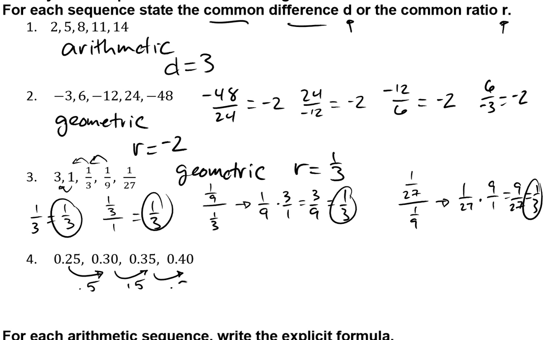And if I do the subtraction, 0.40 minus 0.35 is 0.5, 0.35 minus 0.30 is 0.5, and 0.30 minus 0.25 is 0.5. So this is clearly an arithmetic sequence. And my common difference is 1/2 each time.